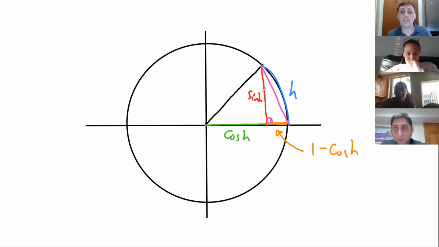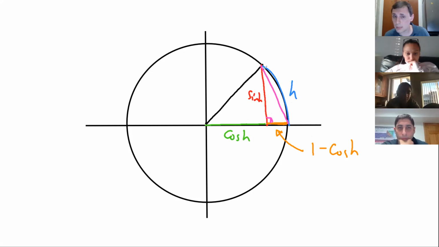Now, what do we see here? Basically you can see that in this right triangle, sine squared plus 1 minus cosine h squared is equal to the pink squared. But in the limit as h goes to 0, the full length of the hypotenuse is matched by the leg, by sine h.